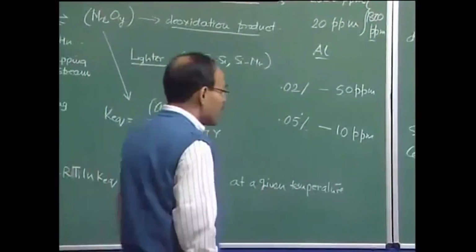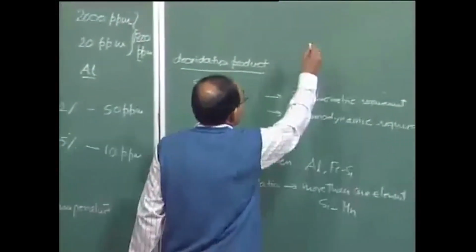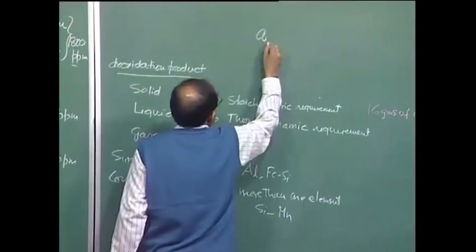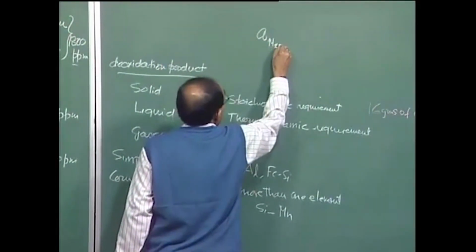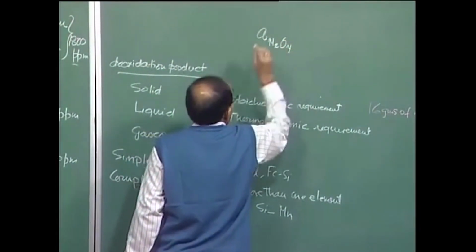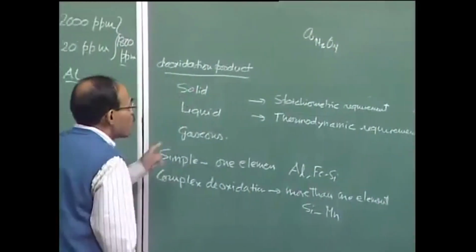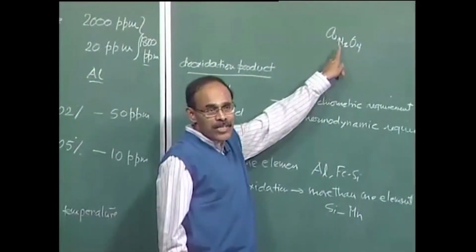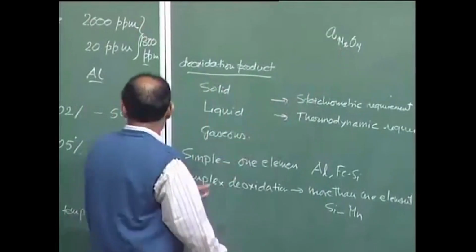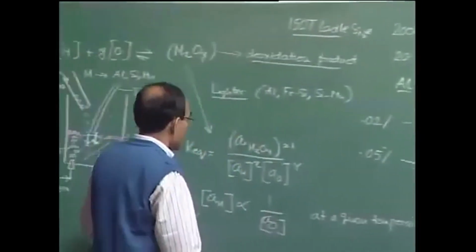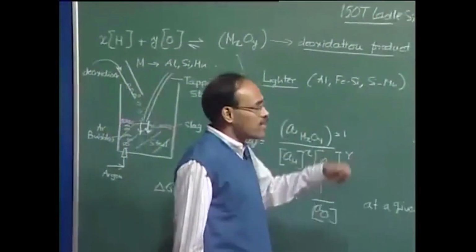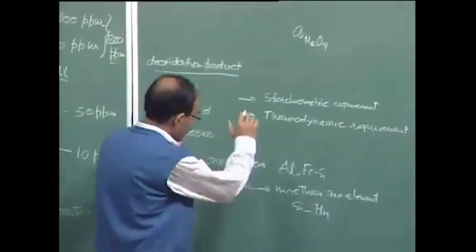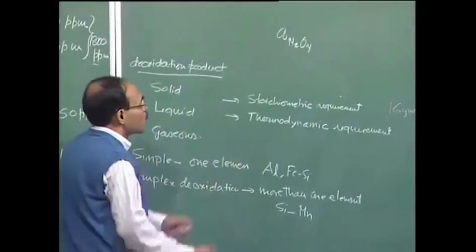For example, if you look at the product of deoxidation, as I mentioned to you, smaller the activity of this product of deoxidation, better will be the possibility of the deoxidation reaction to go from left to right. So metal will combine more efficiently with the oxygen itself.